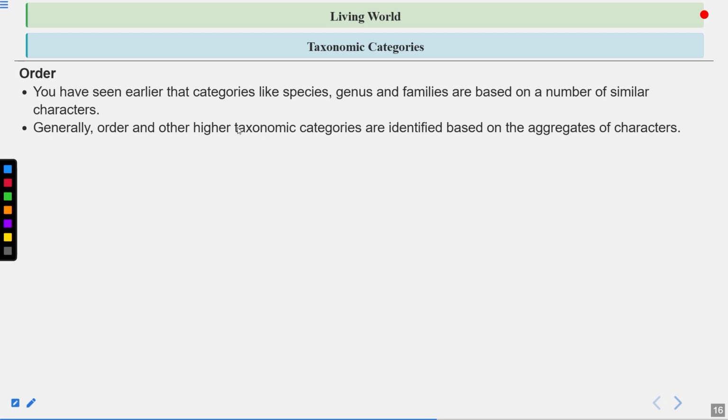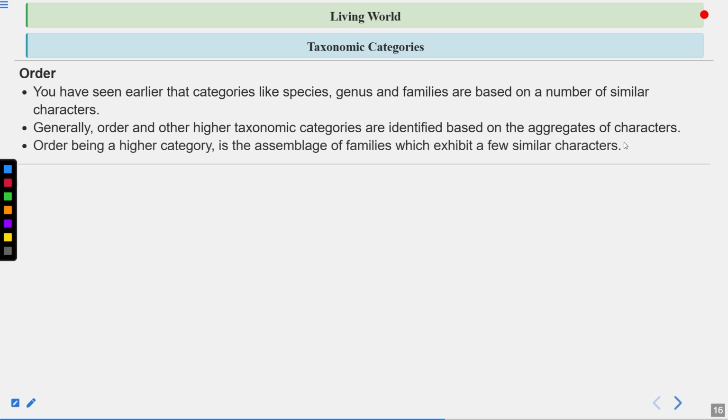Generally, order and other higher taxonomic categories are identified based on the aggregates of characters. Order is the assemblage of families which exhibit a few similar characteristics. The words 'few similar characteristics' are used because the similarities keep decreasing as you move up the taxonomic hierarchy. So order is an assemblage of families.